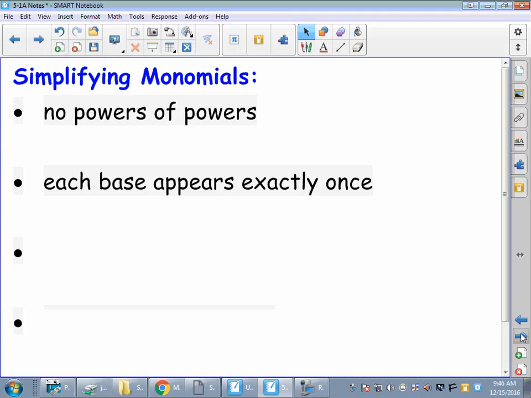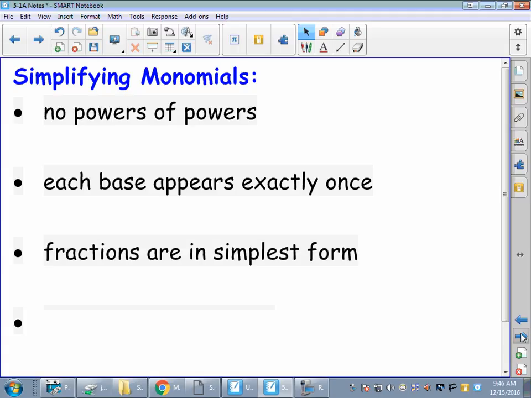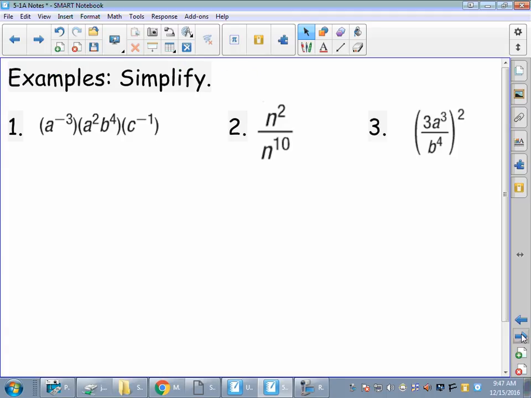If there's more than that, we know we've got to do some simplifying. We're trying to make the problem look simpler. Fractions need to be in simplest form, so if it says 5/10, you need to write 1/2. And no negative exponents. We always get rid of the negatives. We always report our answers with a positive exponent. So it's kind of a checklist to see, are we simplified?